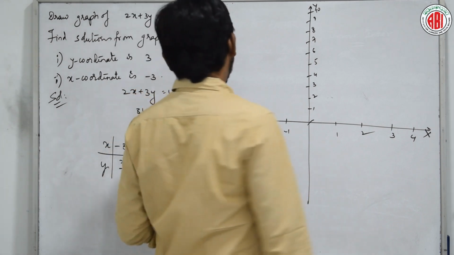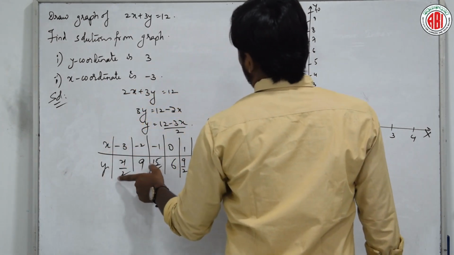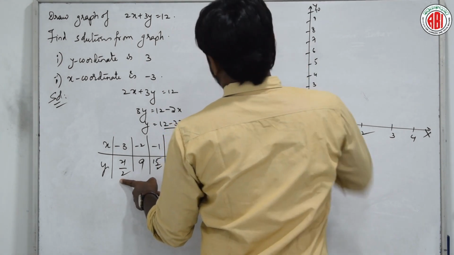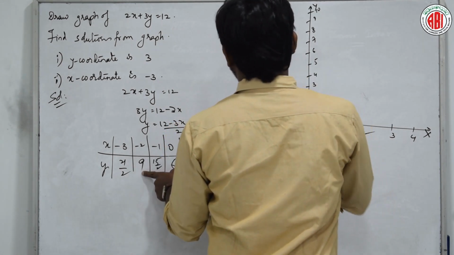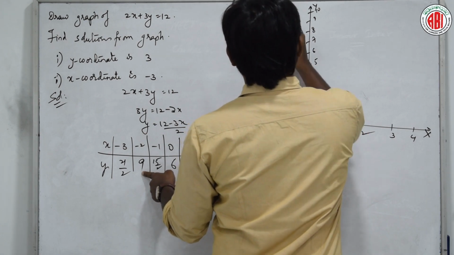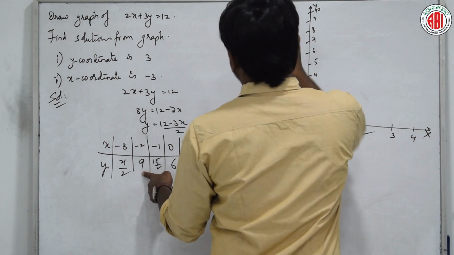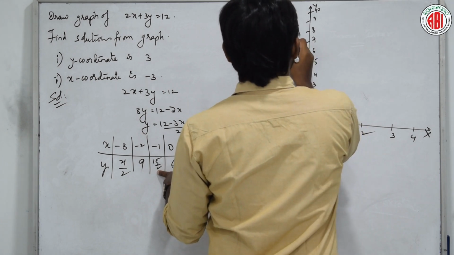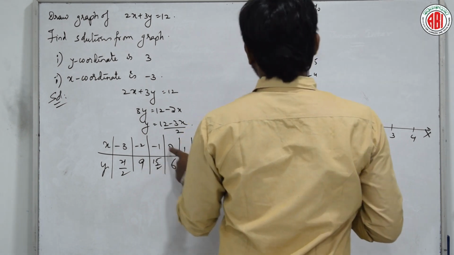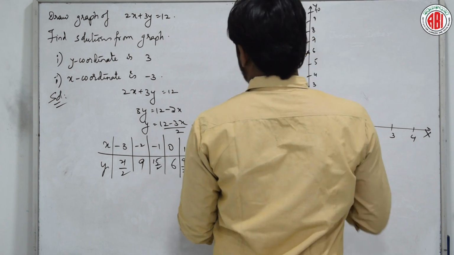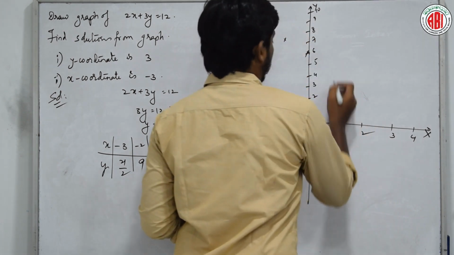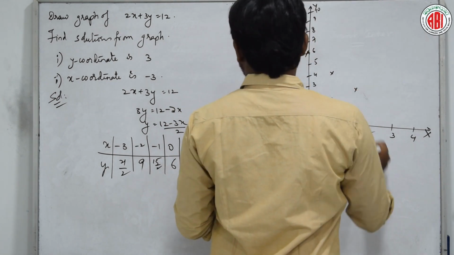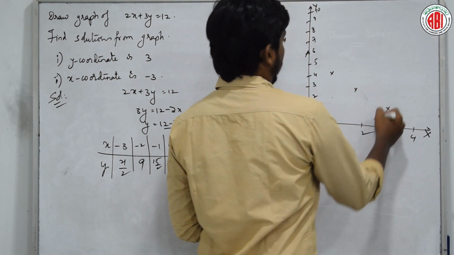Now check here: minus 3 comma 10.5, somewhere at the top. Minus 2 comma 9. Minus 1 and 7.5. 0 comma 6, 1 comma 4.5, 2 comma 3 and the next 3 comma 1.5.